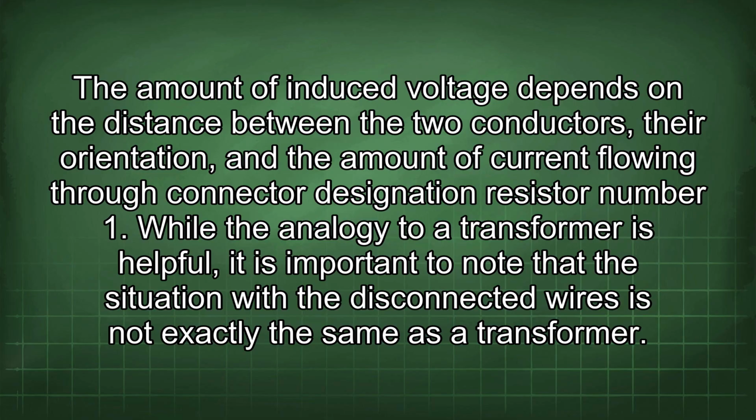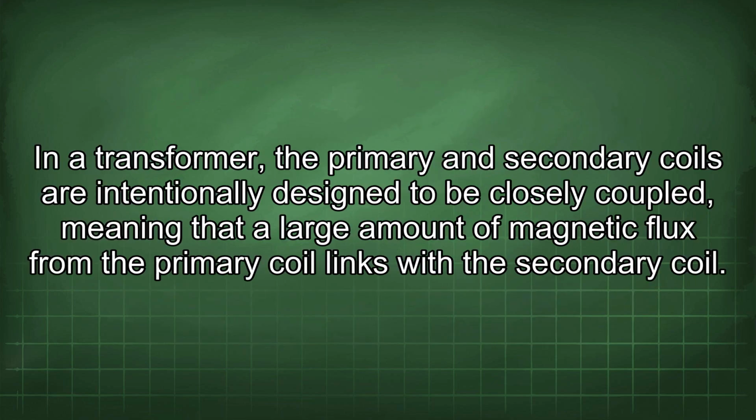While the analogy to a transformer is helpful, it is important to note that the situation with the disconnected wires is not exactly the same as a transformer. In a transformer, the primary and secondary coils are intentionally designed to be closely coupled, meaning that a large amount of magnetic flux from the primary coil links with the secondary coil.